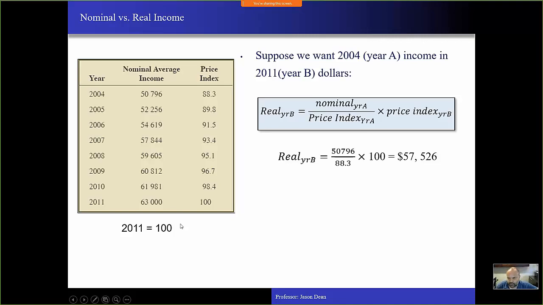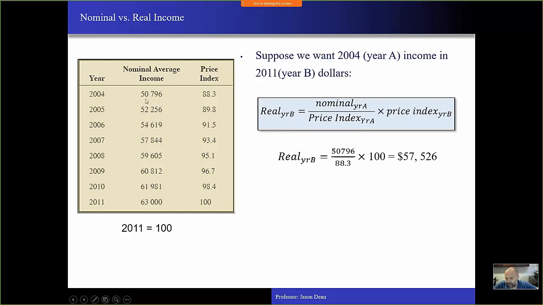57,520. So this person is clearly making more money in terms of purchasing power in 2011, if this was a person. Or we could think of the overall economy. The overall economy here, their income in 2011 is much better than 2004. Now we could just compare these two figures, but remember the difference in these two figures would not be directly comparable because the prices are different. The prices are different in 2004, right?